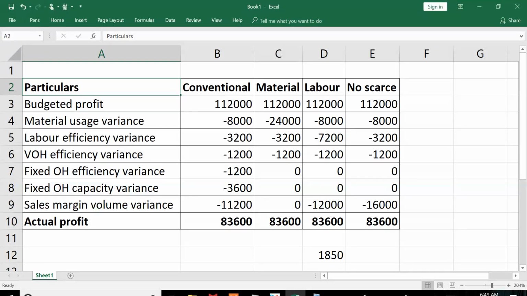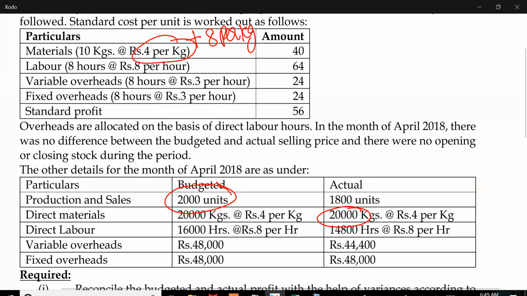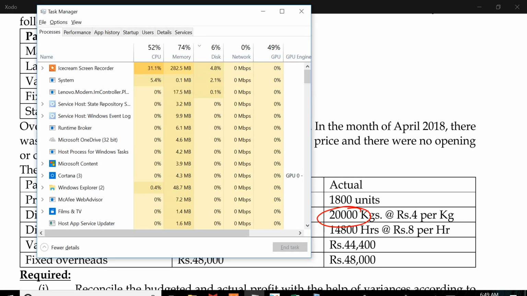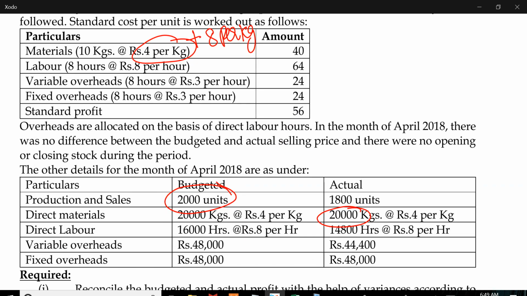The loss of 200 units is entirely due to the inefficiency of salesman, and hence sales margin volume variance will be 16,000. 200 units into 80 rupees. There is no concept of FOH volume variance in any of that.